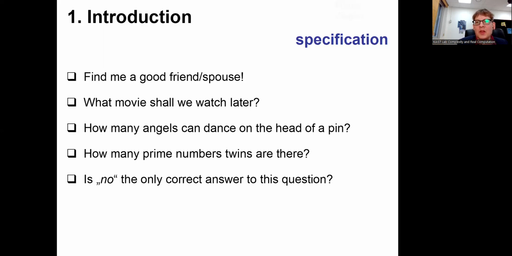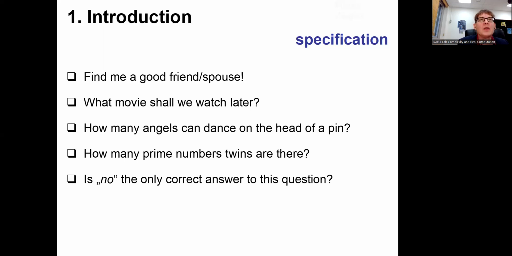Here's a more logical non-example, interesting intellectually. Is no the only correct answer to this question? This looks like a decision problem where the possible answer is yes or no, either one of them, like in the previous example about the infinite number of prime twins.